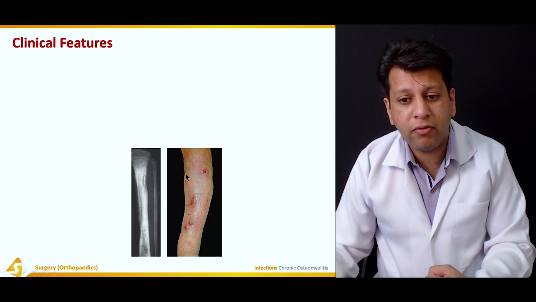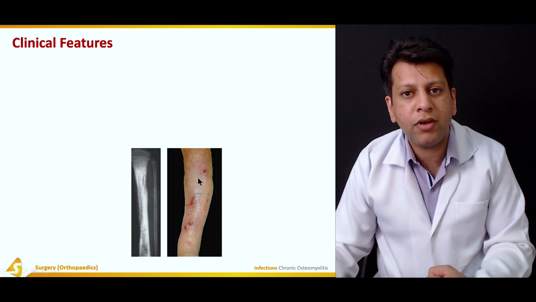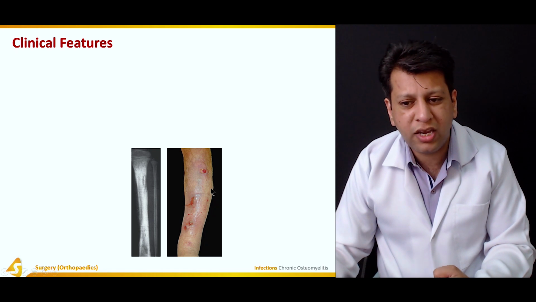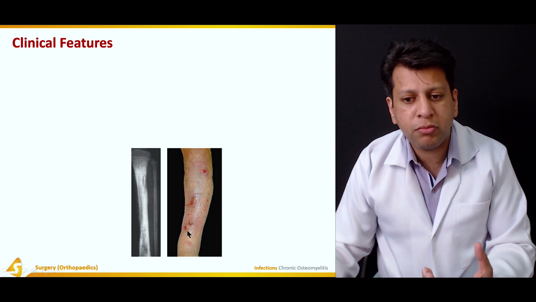Now this is another dreadful picture, but that's what actually happens. If you see, this is the limb of a person showing the tibia, and most likely this is the medial side and this is the lateral side. As you can see over here, there is a wound, there's a wound over here. Probably some of them may be sinuses, and they may be communicating with the intramedullary cavity. As you can see, there is a lot of redness and hyperemia of the skin, there's swelling, and definitely the patient's skin does not look good.